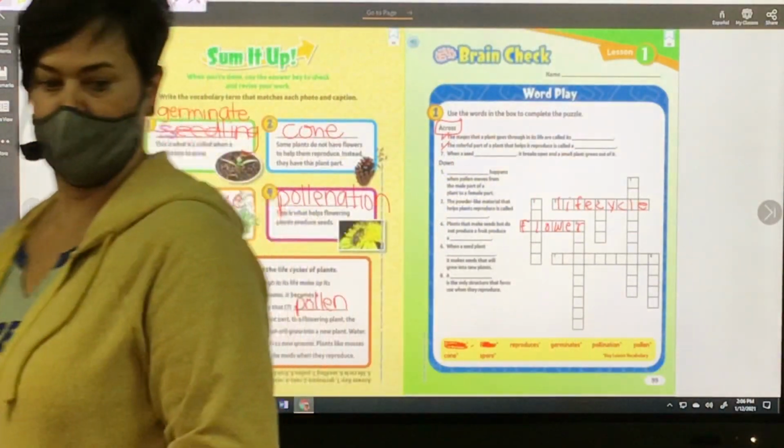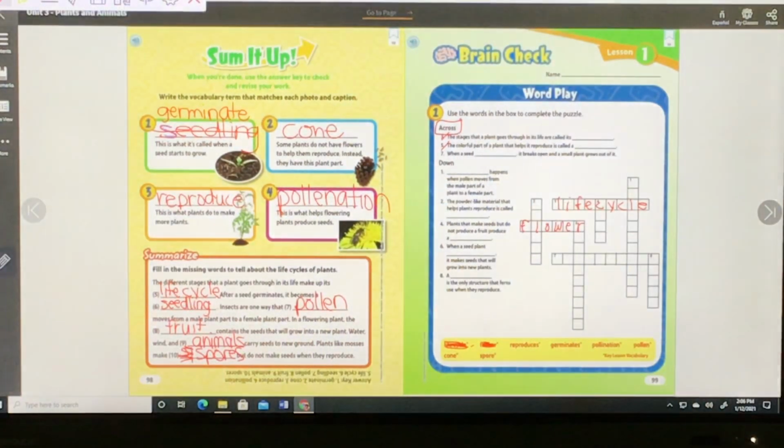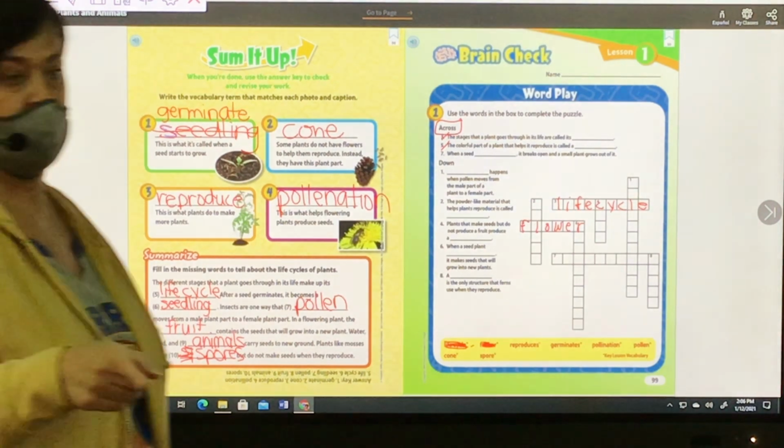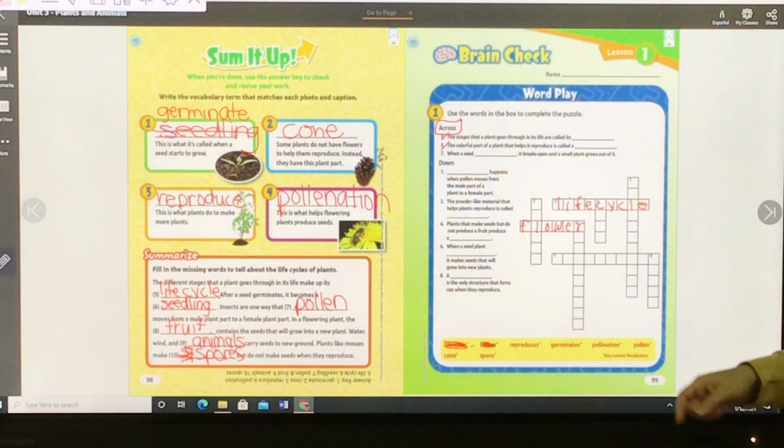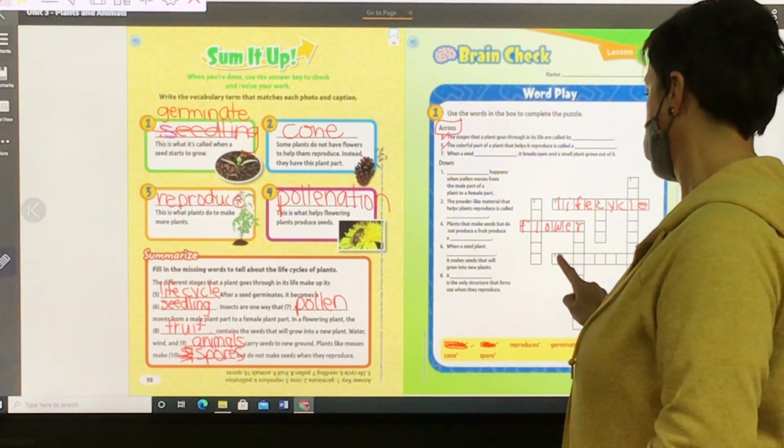What do you think, Connor? Germinate. Amy, what are you thinking? You changed your mind? Germinate. Natalia? Germinate. Okay, so let's write that in there.